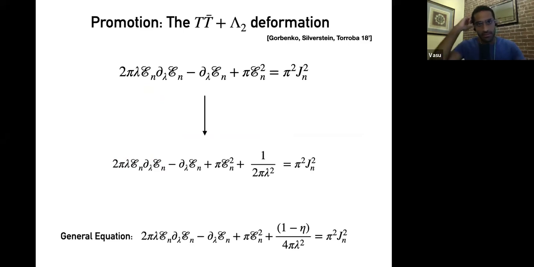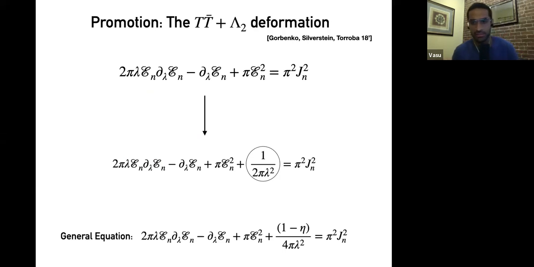We have to include, in addition to the TTbar deformation, the boundary cosmological constant as measured by the TTbar coupling, or as measured by the deformation parameter, which is what this 1/2 lambda squared term here denotes. So this is what Gorbenko, Silverstein, and Torroba called the lambda 2 deformation.